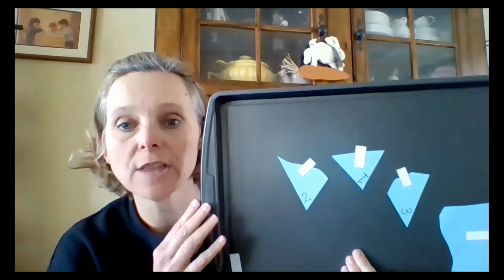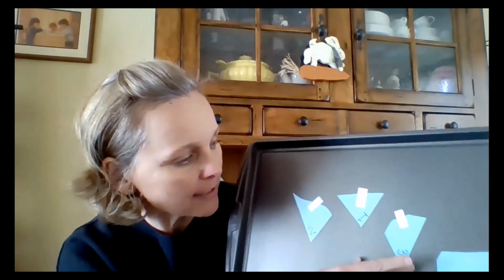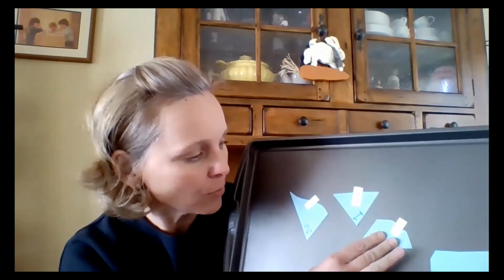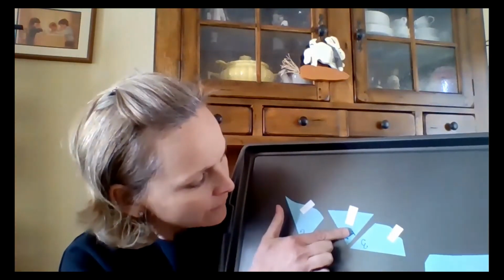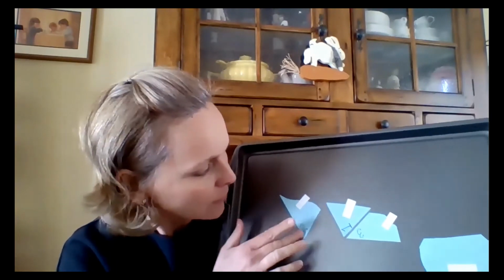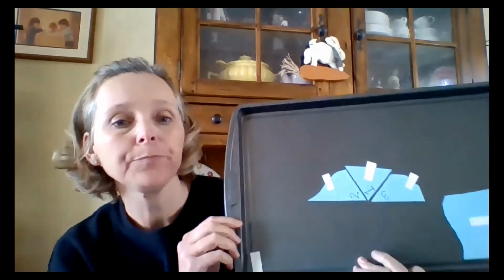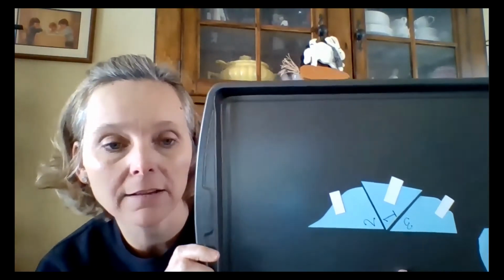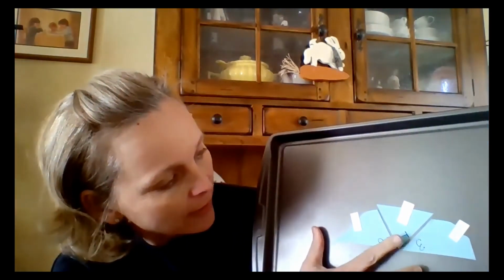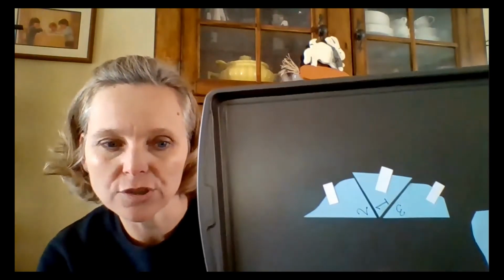They said to arrange them so that they're all adjacent, so we're going to put these like a puzzle as close to each other as possible. Here we have the 3 angles of the triangle all placed next to each other. I purposely left a little gap just so you can see.